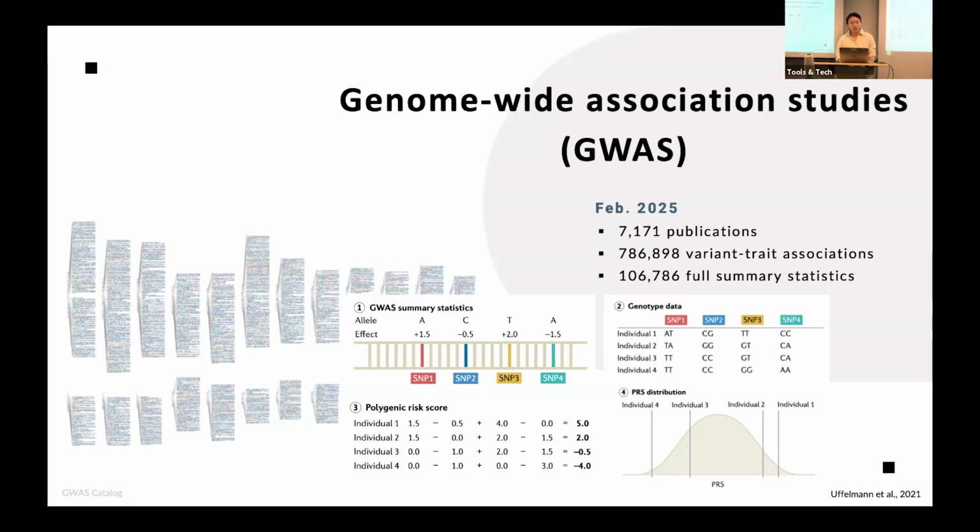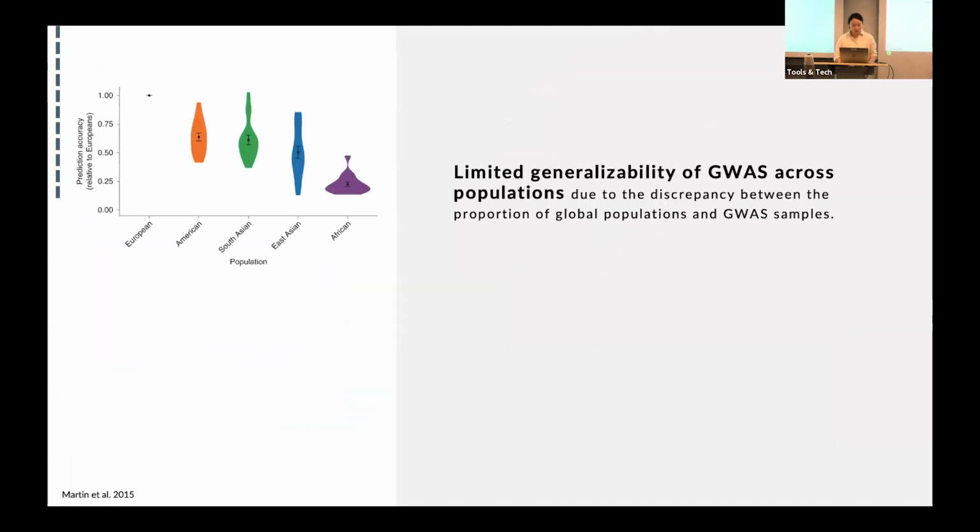So over the years in the field, GWAS and PRS have been used and studied quite a lot. But there's a major caveat that we need to keep in mind when using the GWAS results, and that is the limited generalizability of GWAS across populations. This point was brought up back in 2015 by Alicia Martin and others, where they showed that prediction accuracy relative to European populations tends to decrease as we move further and further away from the European populations.